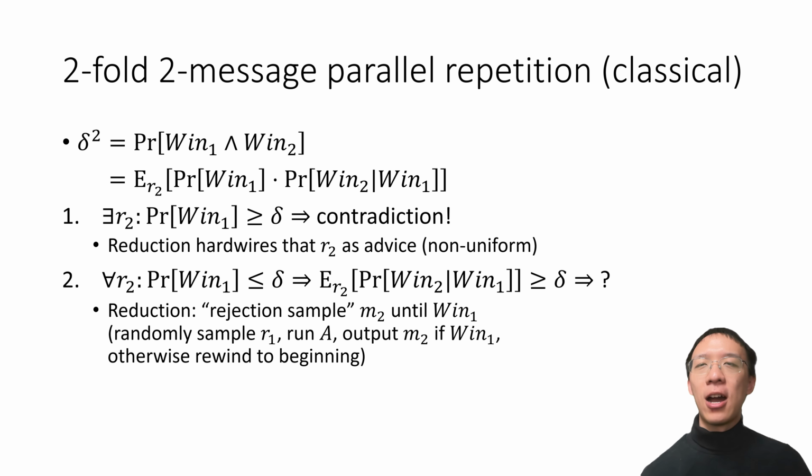At that point, you output the second fold response from the adversary. If you do the math, it turns out that this works. Your success probability is exactly going to be this expression, which is at least delta, and this completes the classical proof on a high level.